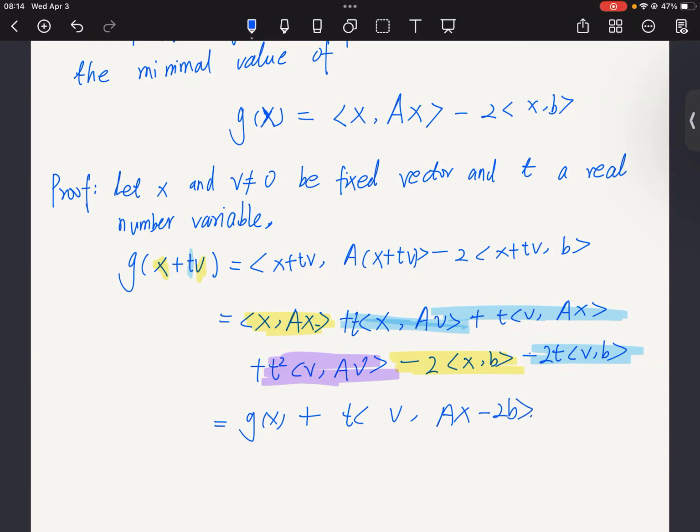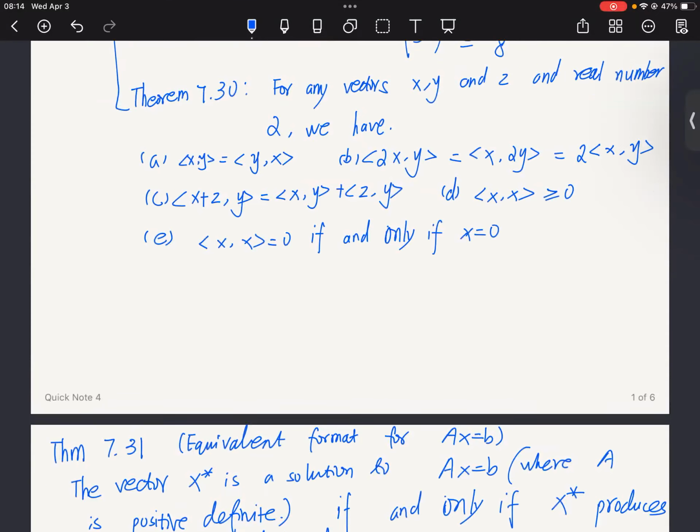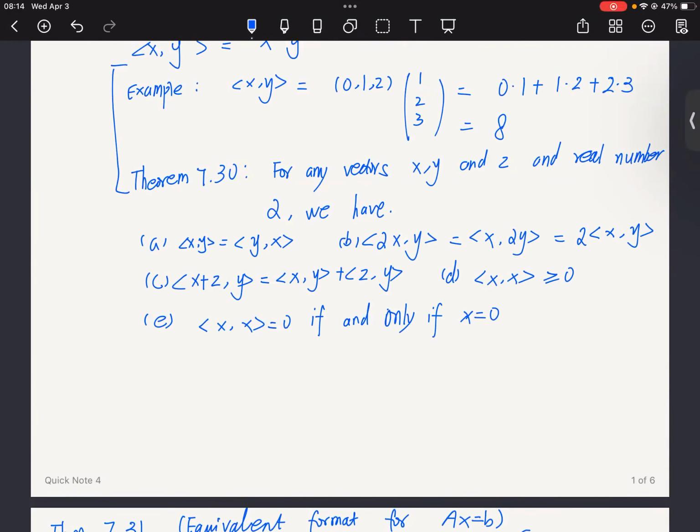But if you take a look at the property of the inner product, let's go back and investigate one more property of the inner product. If we have a matrix A that is symmetric positive definite, let's see what happens.